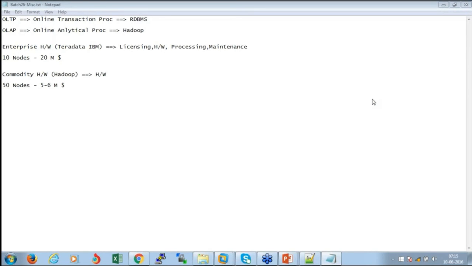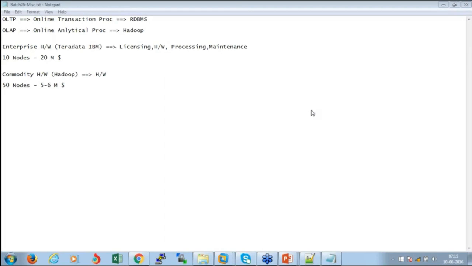Okay, and what about Hadoop software maintenance and upgrade costs? Like Oracle for RDBMS, suppose we are using Oracle, we pay for the licensing and maintenance, correct?